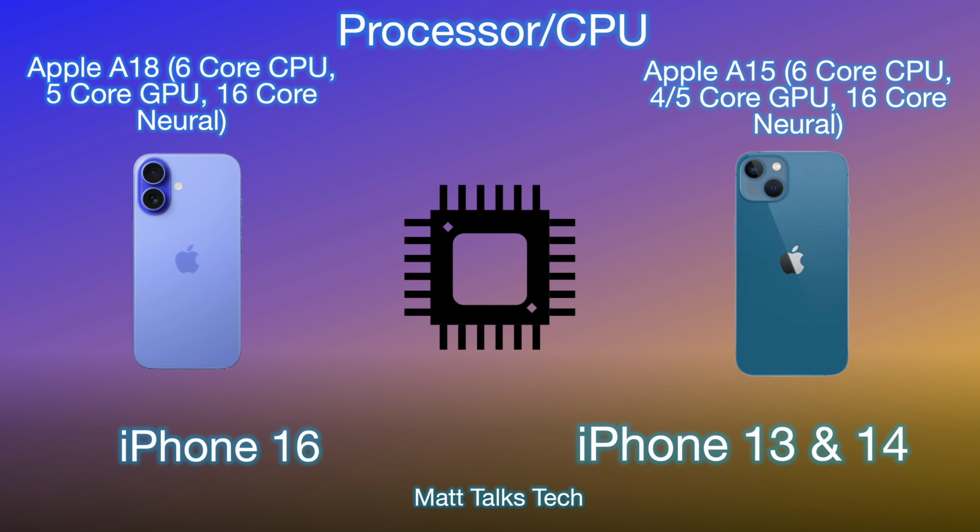In fact, we had the A15 with a 6-core CPU and a 4-core GPU in the iPhone 13, and then the iPhone 14 a year later got the same A15 6-core CPU, but just one extra GPU core for a 5-core GPU, and the same 16-core neural engine. So really there wasn't much of a speed difference between both of these phones, maybe a little bit in graphics, but hardly anything. Just be aware of that. But obviously the A18 is really powerful compared to the old A15.